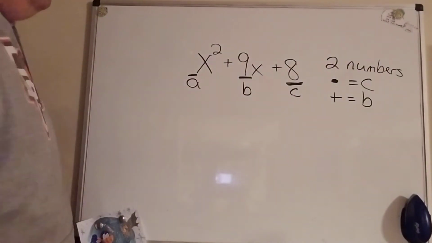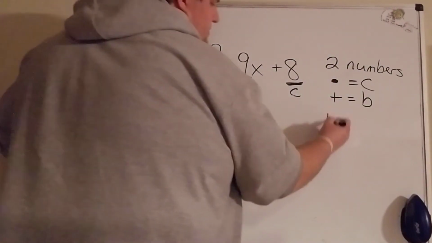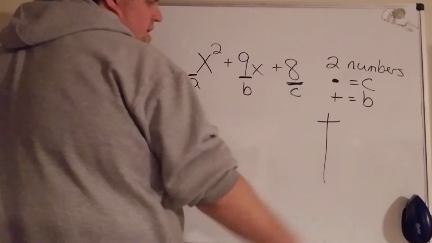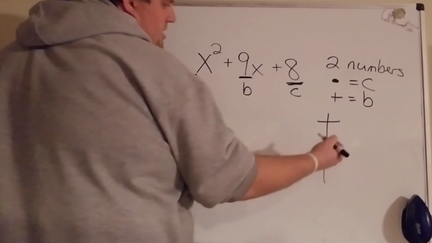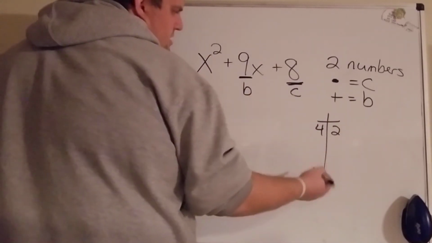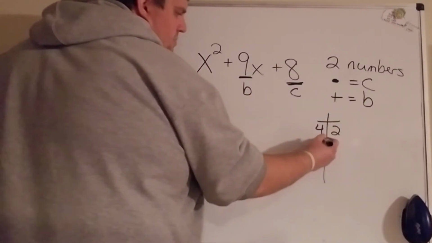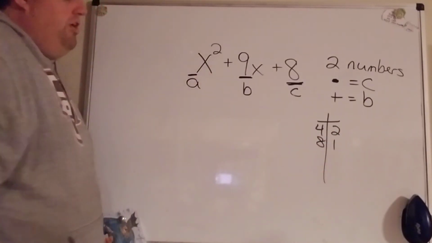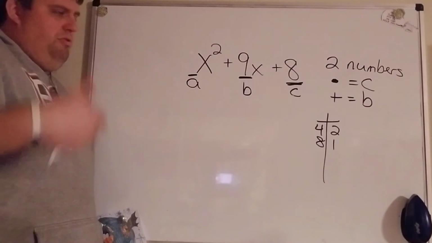There are a lot of ways people do this. You can make a table of values and look at everything that multiplies to give you 8. So there's 4 and 2, there's 8 and 1. That's pretty much it. Or you can just go through your factors.